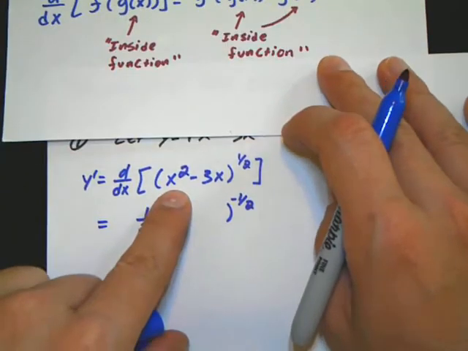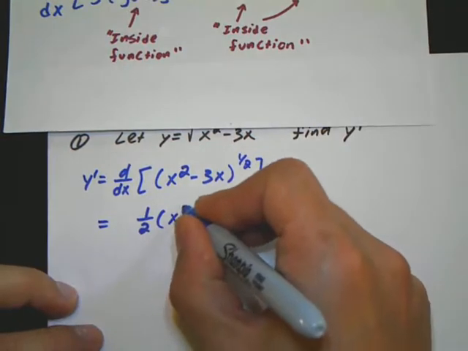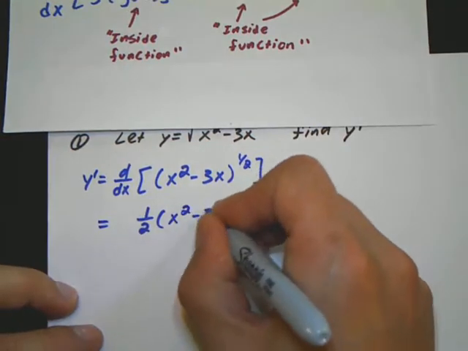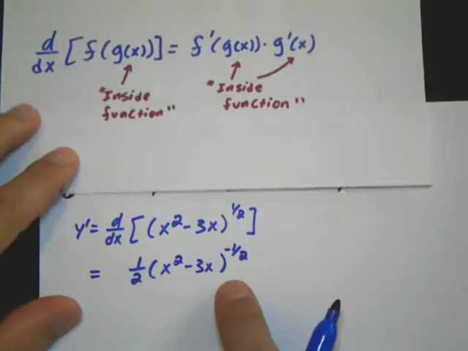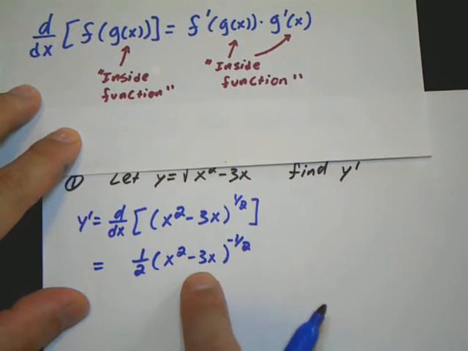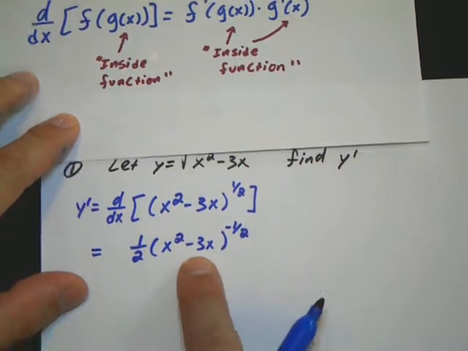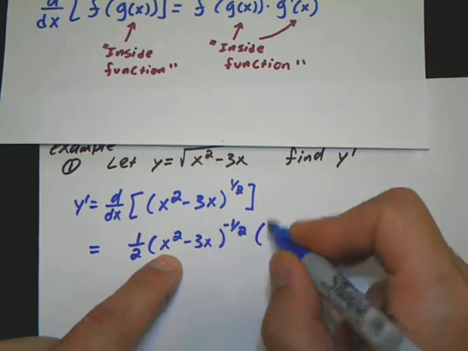So this stays as x squared minus 3x. And now the chain rule says I have to multiply by the derivative of the inside. And again, we said the inside was x squared minus 3x. So the derivative of x squared minus 3x is basically 2x minus 3.